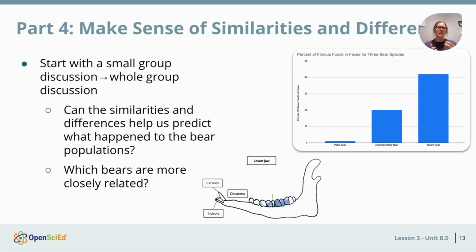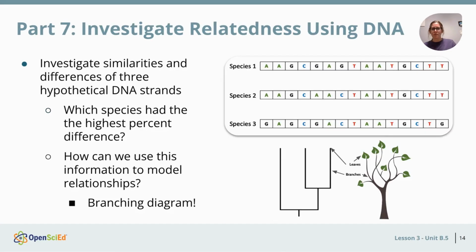Does that tell us any information about what happened in the past? And which bears are more closely related? Can we use anatomical features, their jaw, their skull, the types of teeth that they have to figure out which bears are more closely related to each other?